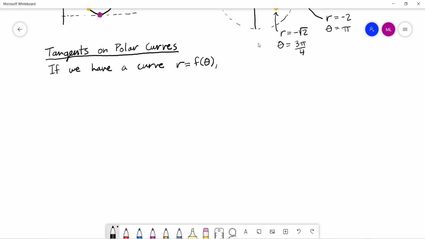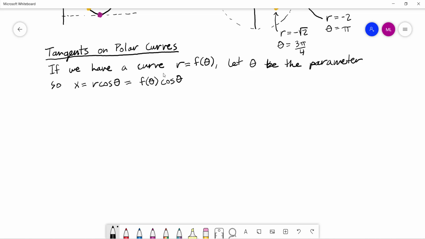Then what we're going to do is let theta be the parameter of our parametric curve, so that our x, which is equal to r cosine of theta, as you'll recall, can be rewritten as f of theta cosine of theta. So I've simply replaced r with f of theta.